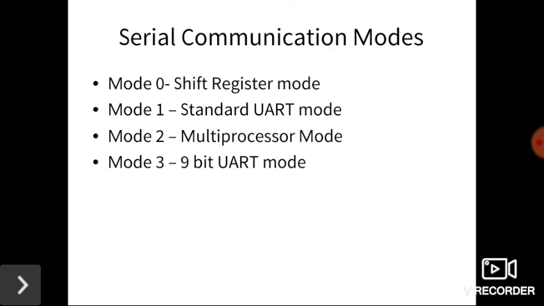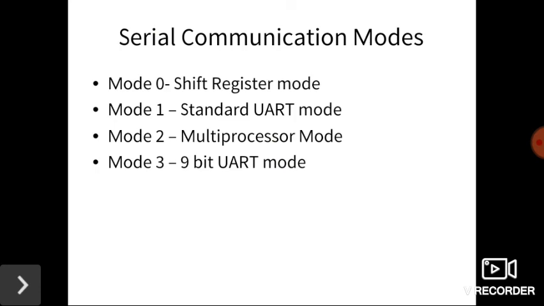When SM0 and SM1 are set to 0 0, the serial port data buffer receives and transmits data through the receive pin, and the transmit pin outputs the shift clock.